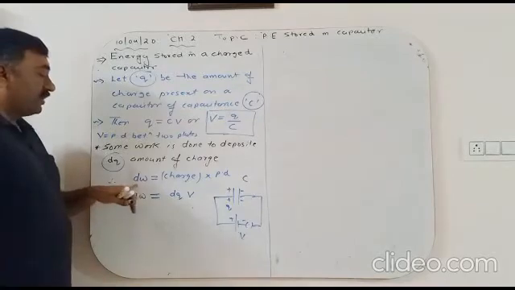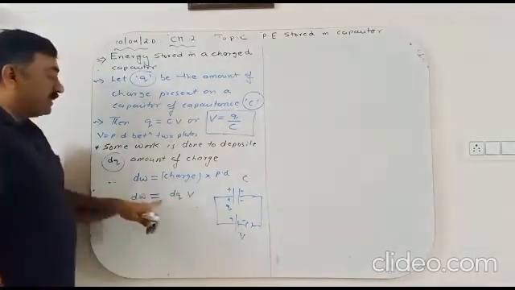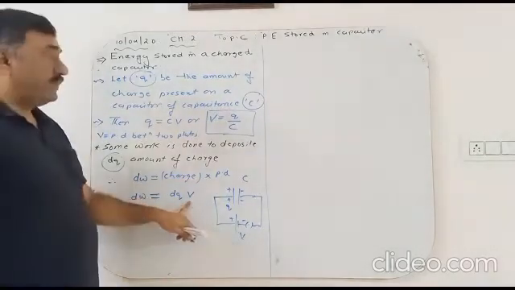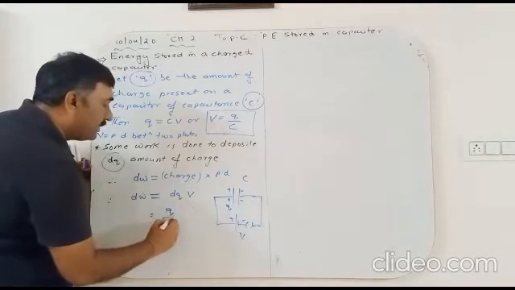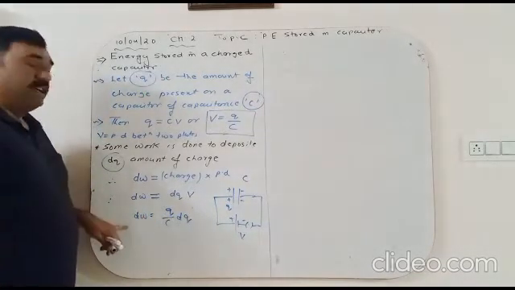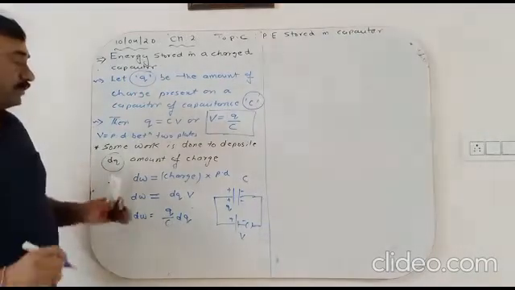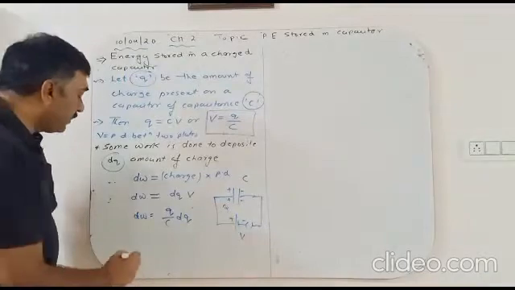Small charge के लिए small work done, dw is equal to charge multiplied by potential difference. So the charge is dq, the potential difference is V. What is the value of V? So we can write dw is equal to Q by C into dq. This is dw, the small work done, and suppose you want to fill the capacitor with the charge Q, then you have to calculate the total work done.